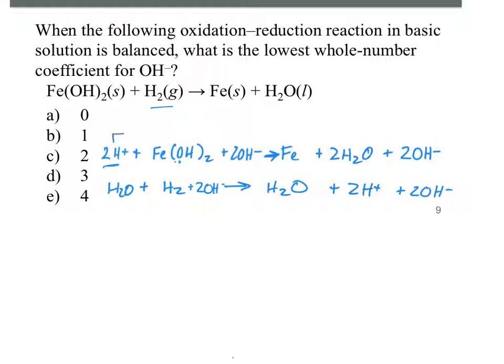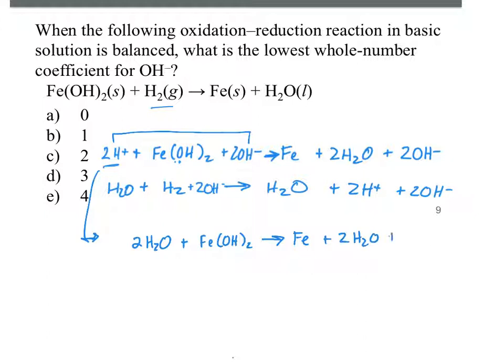So in our first half reaction, we have 2 H plus and 2 OH minus. Those are going to combine to form 2 water. And I'm going to rewrite my equation now. 2 H2O plus iron hydroxide is going to form iron solid plus 2 water plus 2 OH minus. For the second half reaction, we have 2 H plus and 2 OH minus on the product side, so that's going to combine to form 2 H2O.